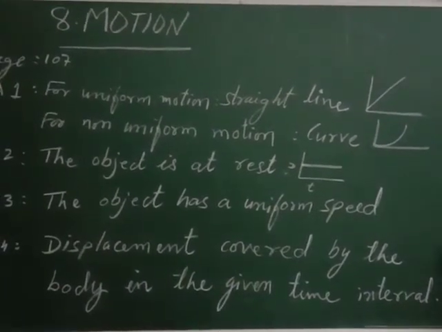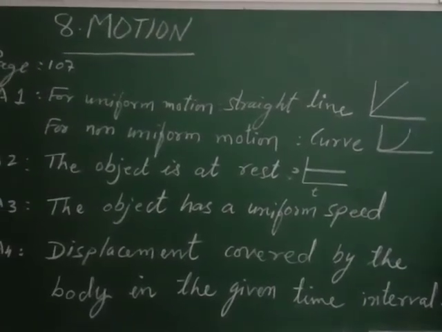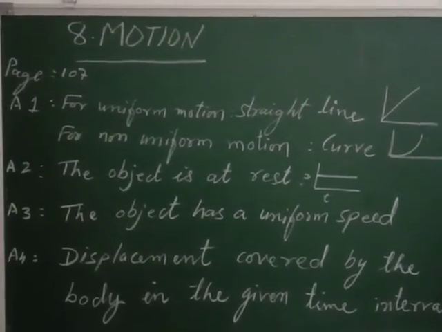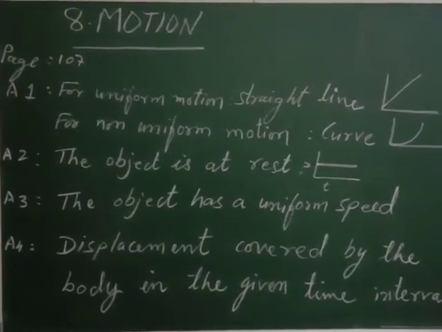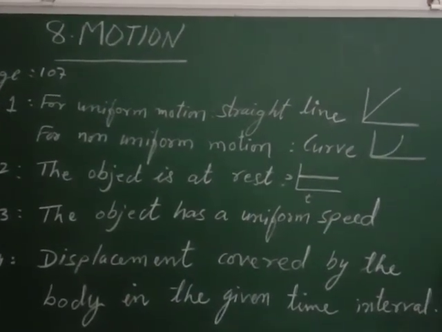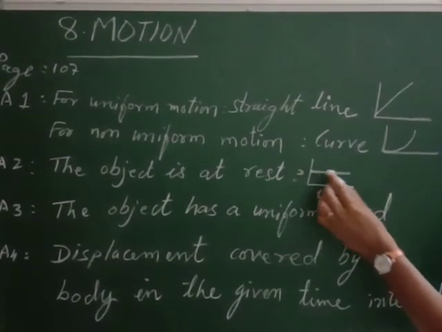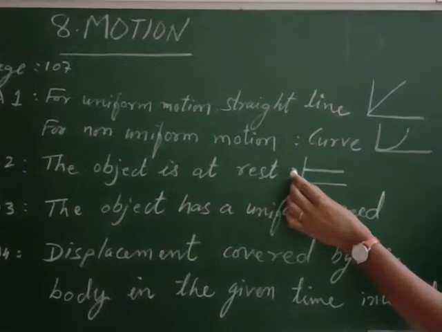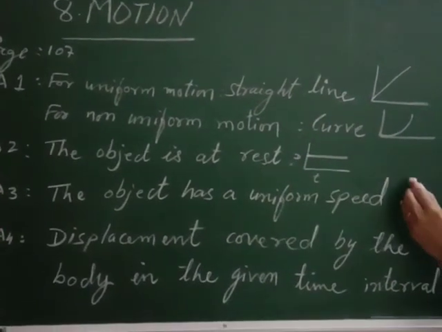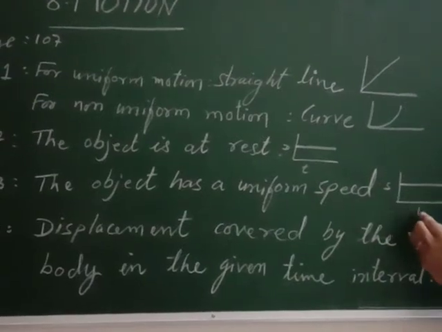Now question number 3. What can you say about the motion of an object if its speed time graph is a straight line parallel to the time axis? Okay, now here this line is parallel, but here the graph is speed time, not velocity.